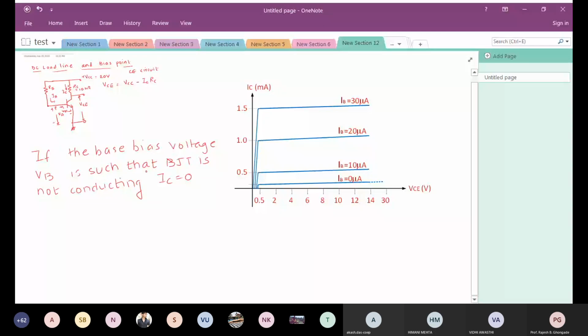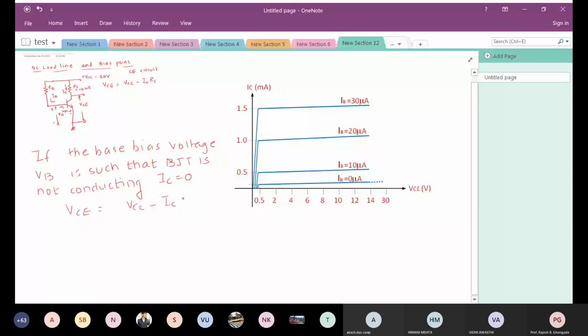If the base bias voltage VB is such that the BJT is not conducting at all, in fact it is going to be the IB equal to 0 condition. Are you getting it? And for that, I will have IC equal to 0. We are neglecting that very small ICEO in this case. So VCE is equal to VCC minus IC into RC.